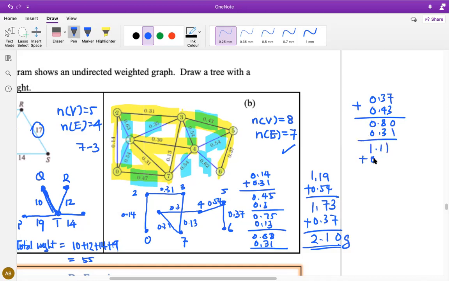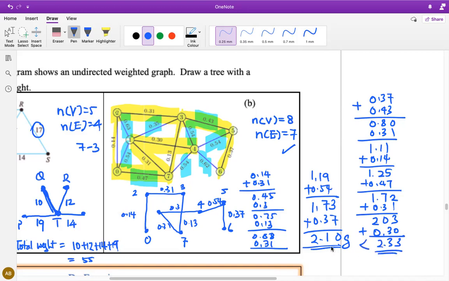Then you plus 0.14. Then plus 0.47. Then you plus 0.31. Then you plus one more, 0.30. Okay, 2.33, so it's more than 2.10.